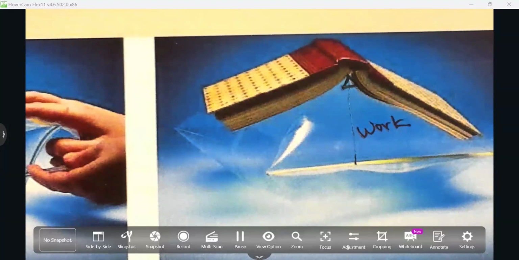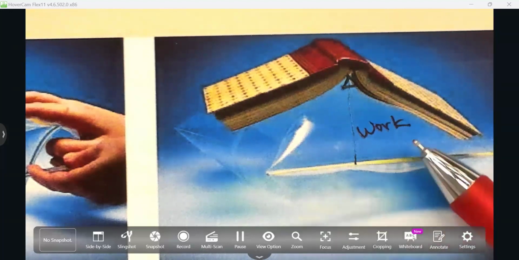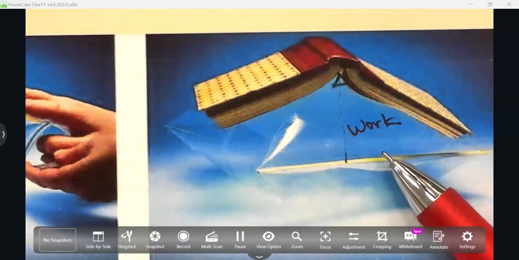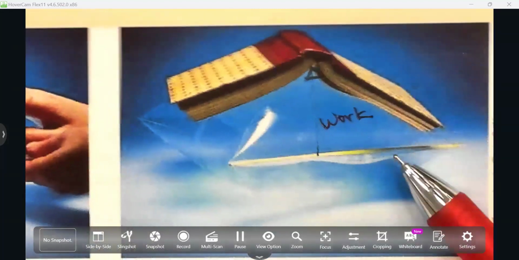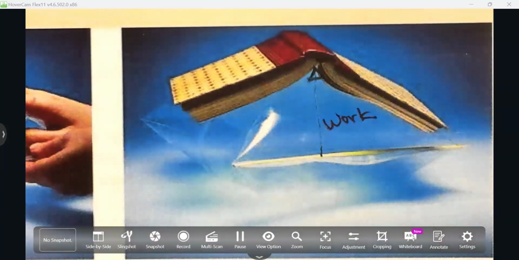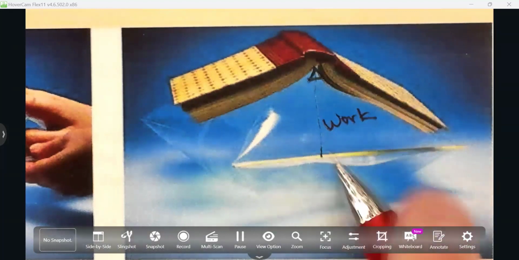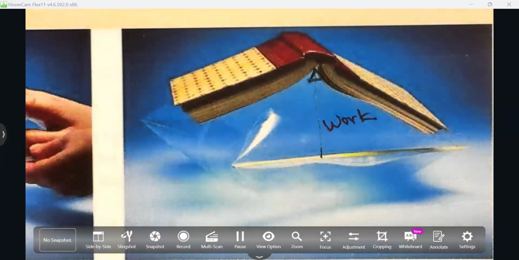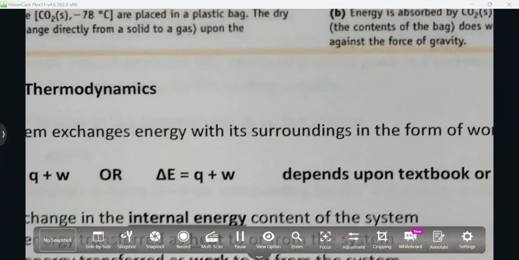You applied some force over some distance. We could get this thing to do some work for us. It would raise the book up for us. So it would have to absorb some heat and it would do some work for us. That is the first law of thermodynamics.